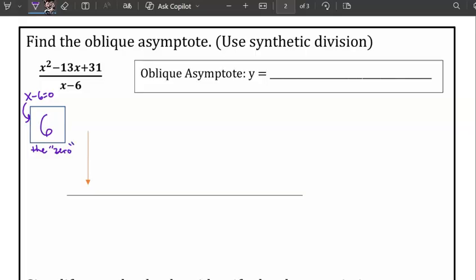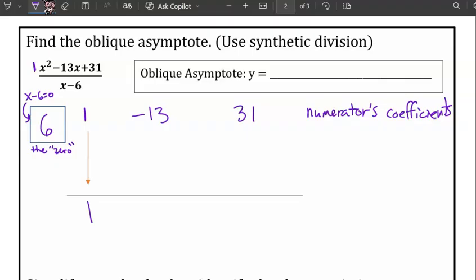At the top, we're going to write the coefficients of the numerator: 1, negative 13, and 31. Bring down the first number, bring down that 1.